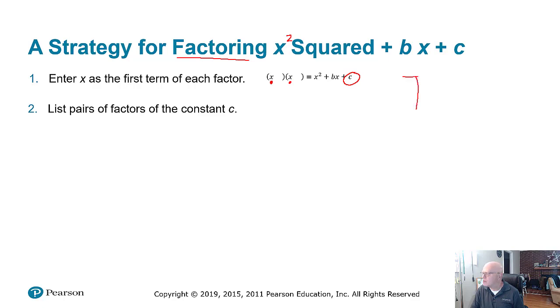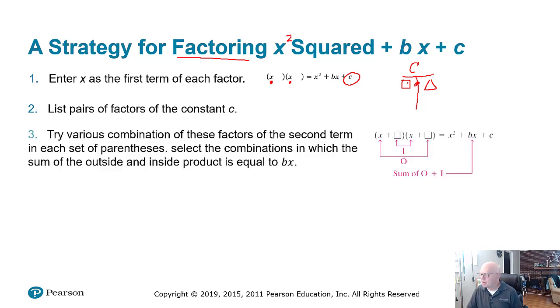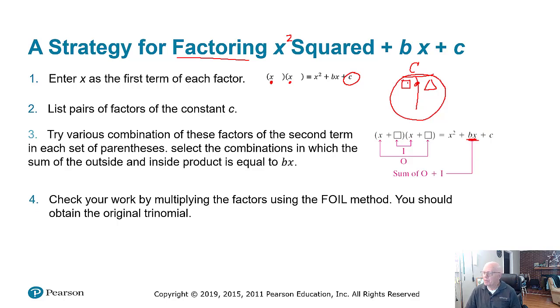How many ways can you write c as the product of two terms? Next, check these combinations to see which one ends up giving you the bx, the term in the middle. We're going to use an example, don't worry.